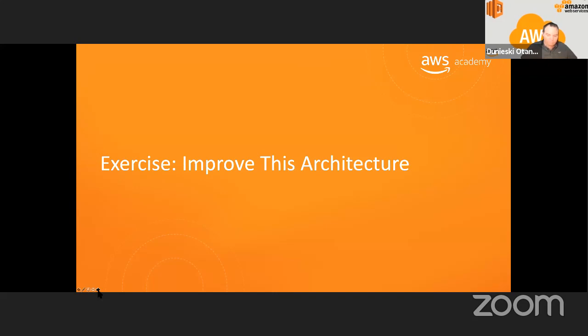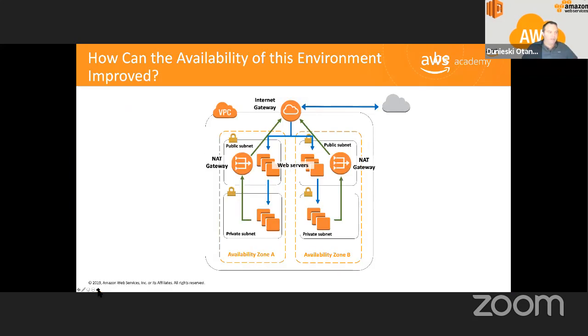Okay, so exercise: improve this architecture. How can we improve this architecture? Tell me, please. Based on what we've seen so far, what is missing in this graphic?